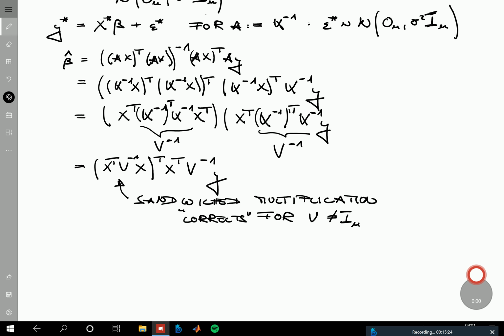Because if you have In there, then you get back to our ordinary least squares estimator. And this should be a minus 1 here, and this is missing there.